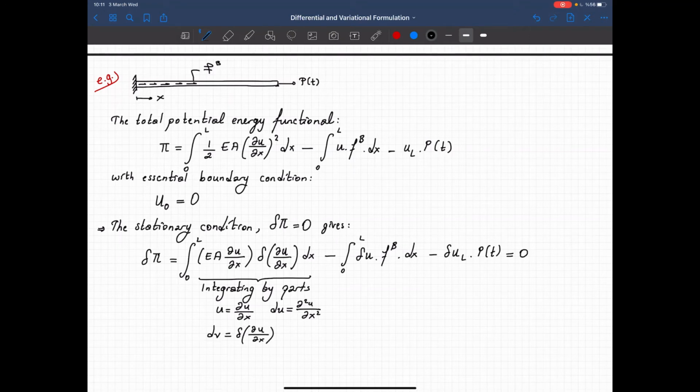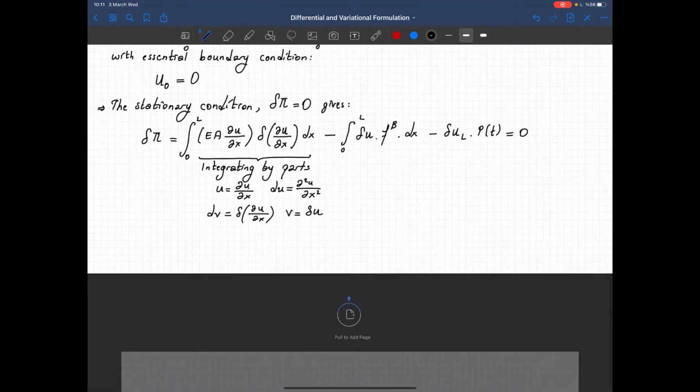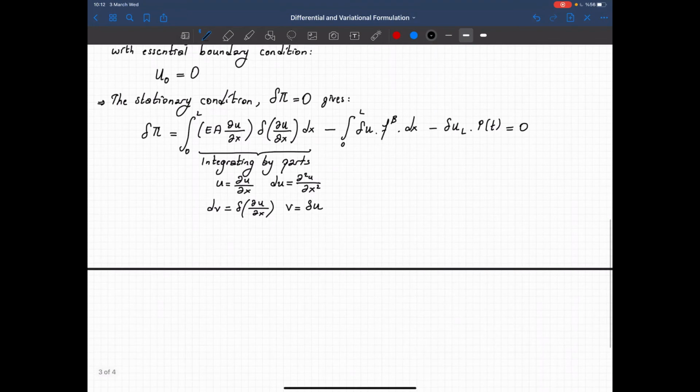In that case, v will be equal to the variation in u. Okay? And remember that integration by parts is uv minus integral of v du, right? So let's write it that way.